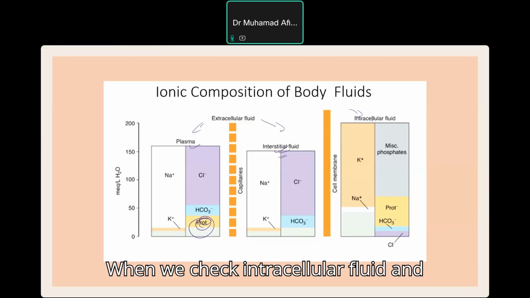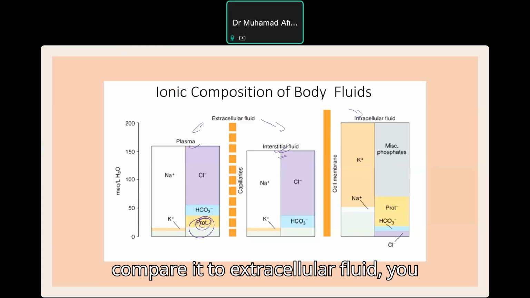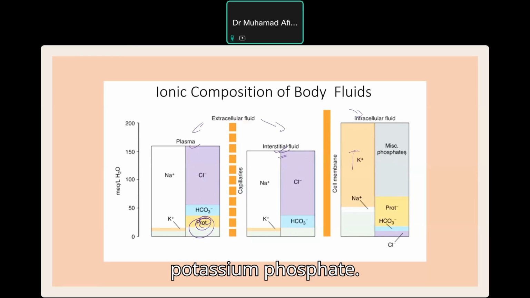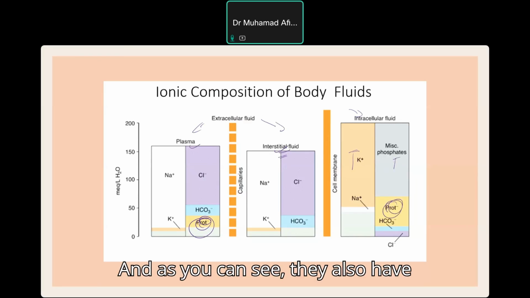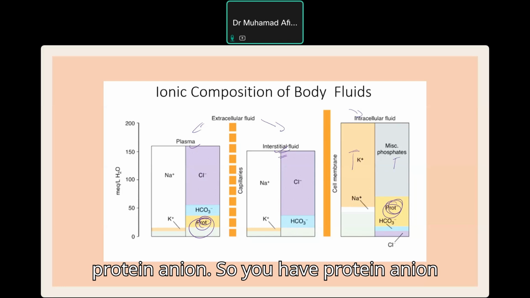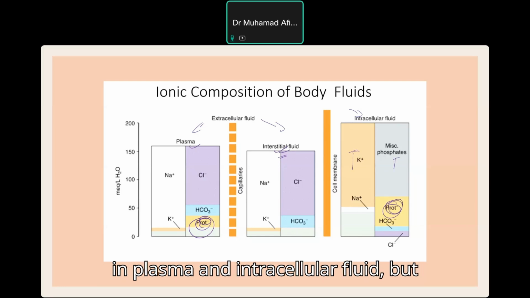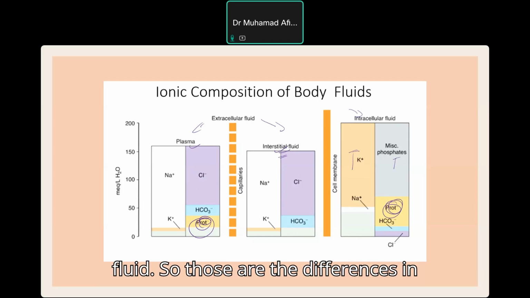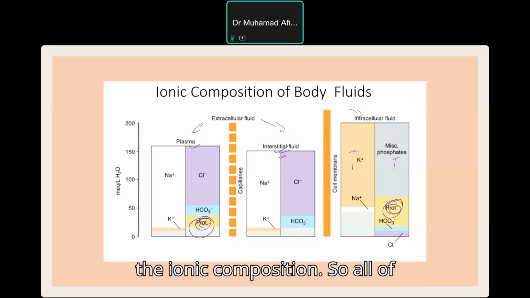When we compare intracellular fluid to extracellular fluid, you can see higher potassium and phosphate, and they also have protein and ions. So you have protein and ions in plasma and intracellular fluid, but not in interstitial fluid. Those are the differences in the ionic composition.